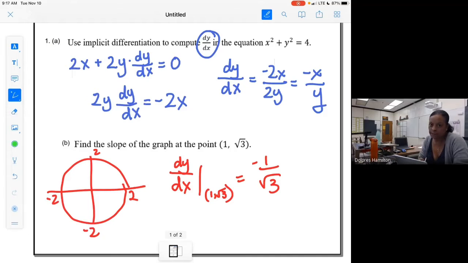I hope that makes sense, because at the point (1, root 3), let's say that's right around there, we know that the slope at that point is going to look like that. So it's negative, and more specifically, it's negative 1 over root 3.